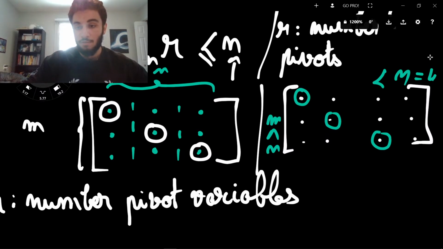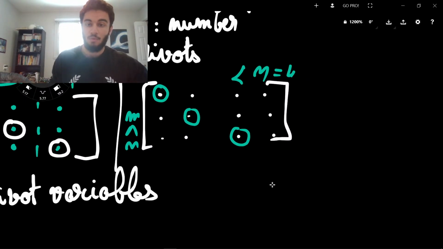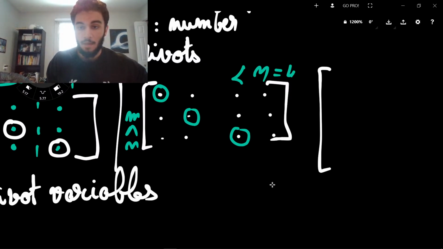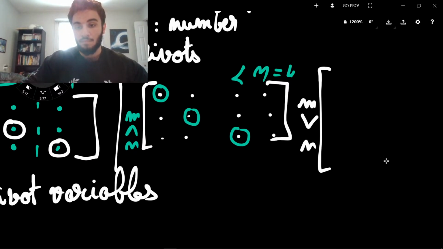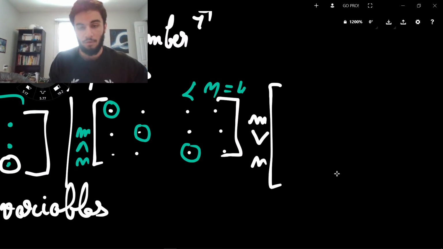Now let's give the other example, which is for m being bigger than n. You have to read it vertically, but you get the point. 1, 2, 1, 2, 1, 2, 1, 2.